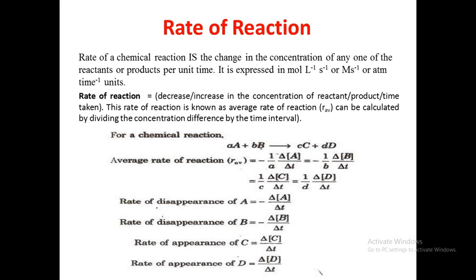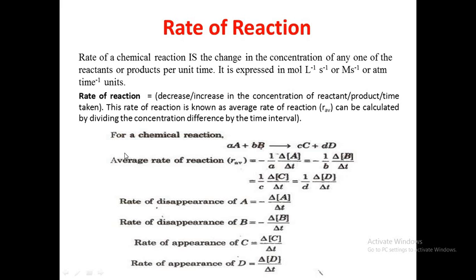But when we consider the overall rate of the reaction, then in this chemical reaction, since the coefficients are not equal, therefore we have to divide each and every term by their coefficients.